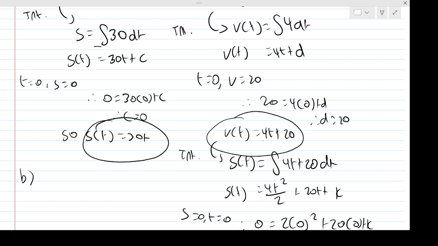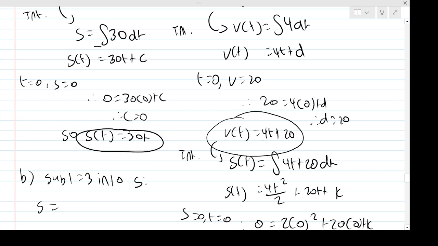So for part B, simply I'm going to sub in t is 3 into S. So S is going to equal 30t here, because I'm considering car A now. So this is car A's displacement formula. So after 3 seconds, it's 30 lots of 3, which is 90.